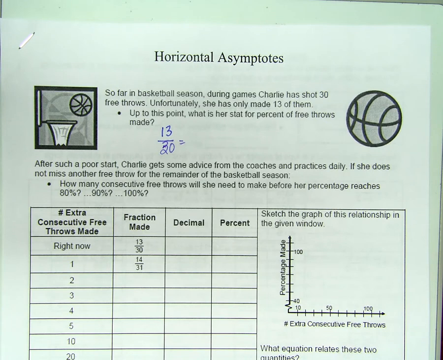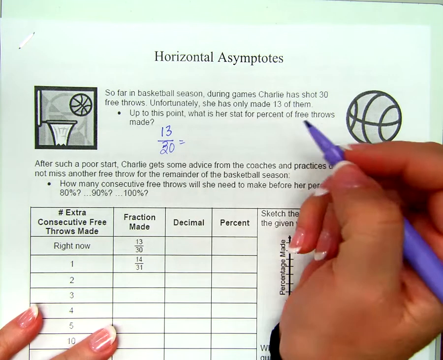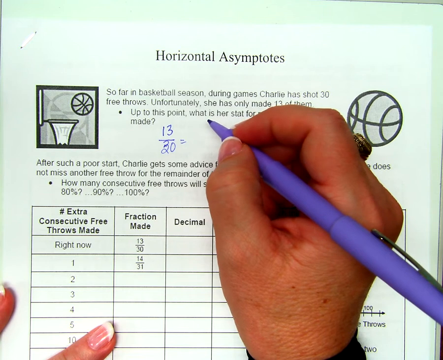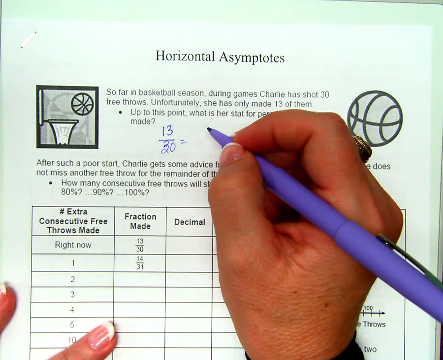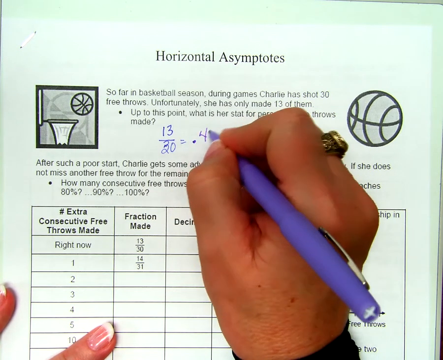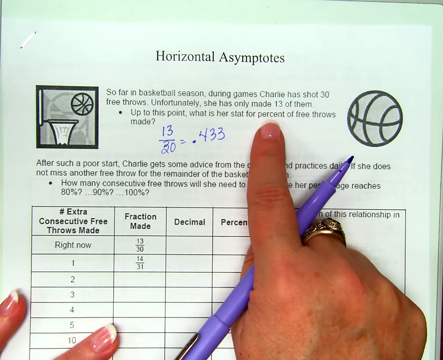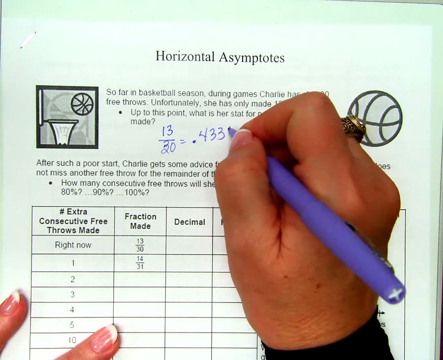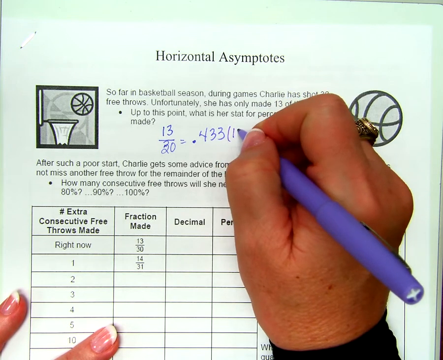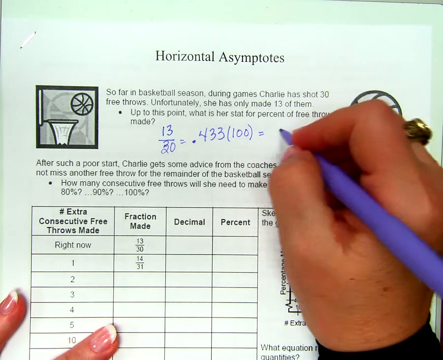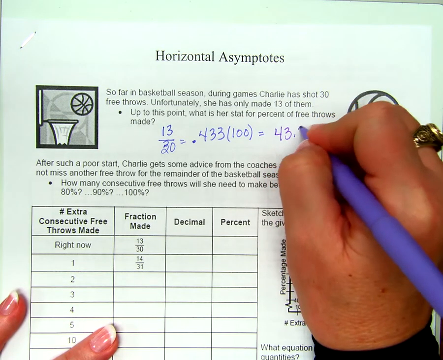What is 13 divided by 30? 0.433. Well, if that's the decimal, how do we find the percent? What do we multiply it by? 100, right? So 0.433 times 100 is what? 43.3%.